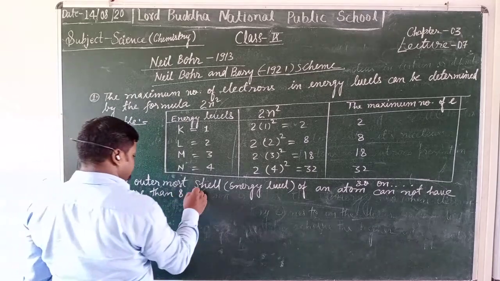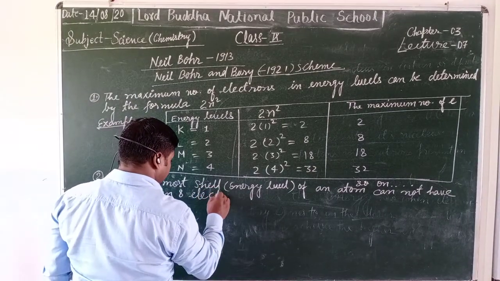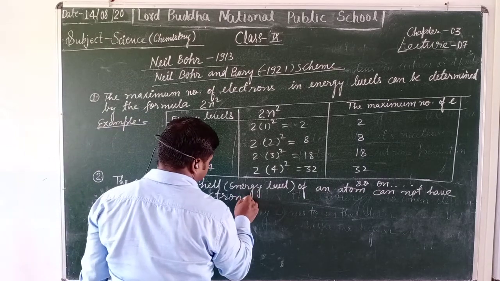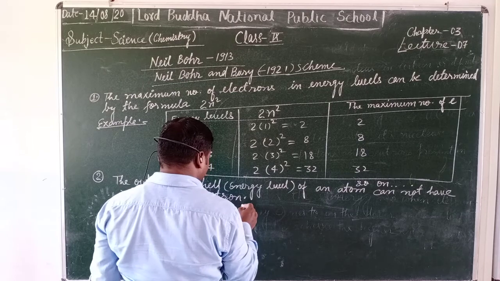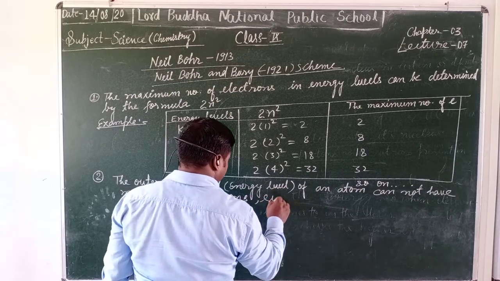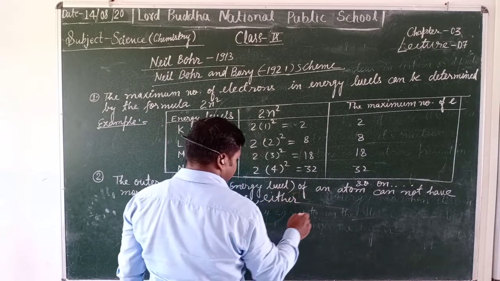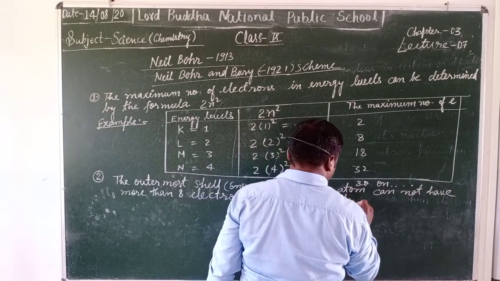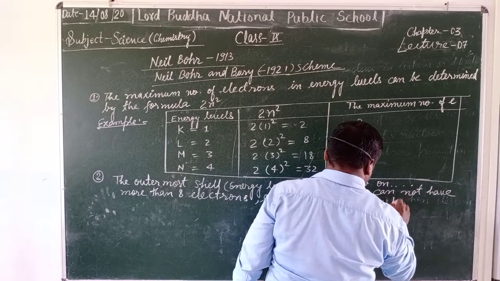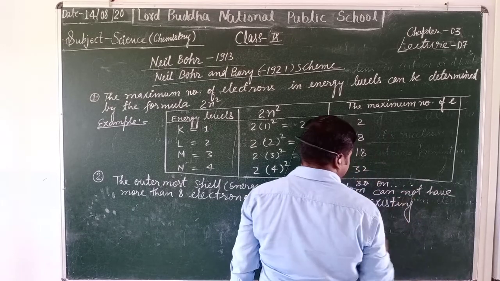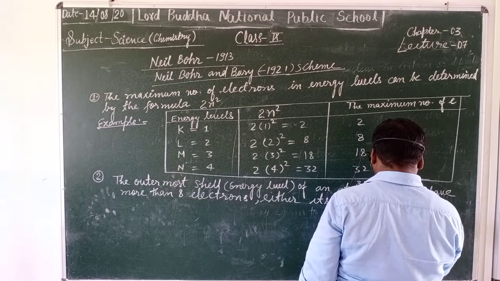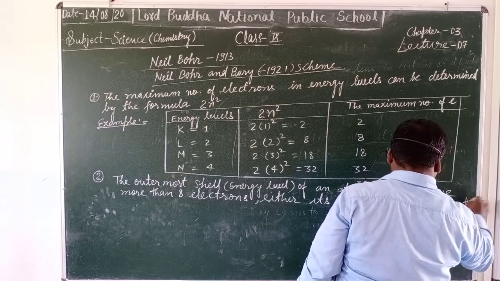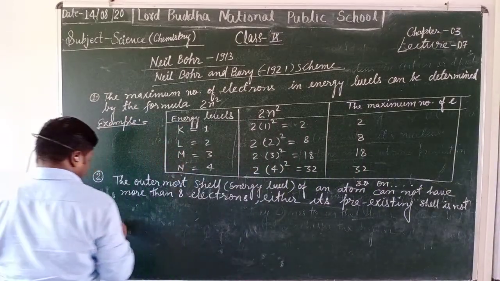Either its penultimate or pre-existing cell is not completely filled, not completely filled with electrons.